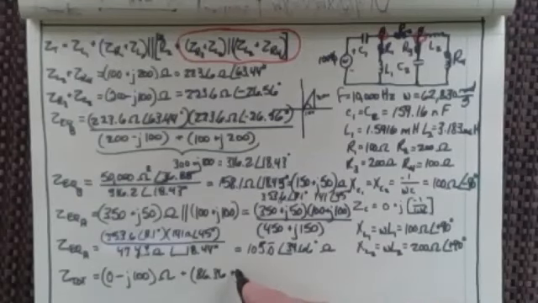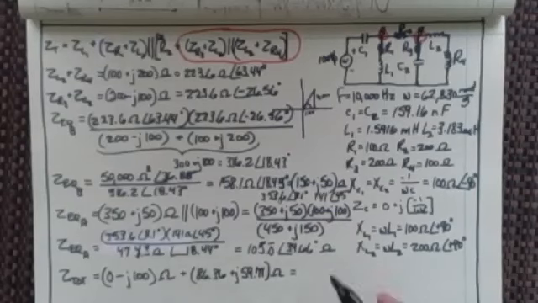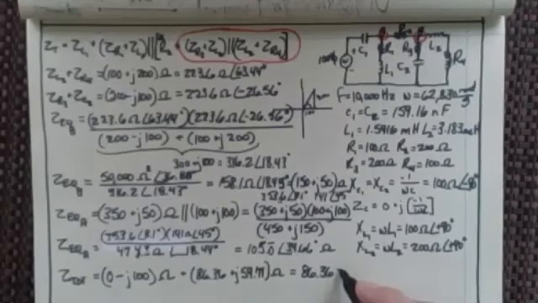So plus J59.71. And of course, those are ohms too. So let's add these up. Well, 0 plus 86.36 gives us 86.36 ohms. And minus 100 plus 59.71 gives us minus J40.3.